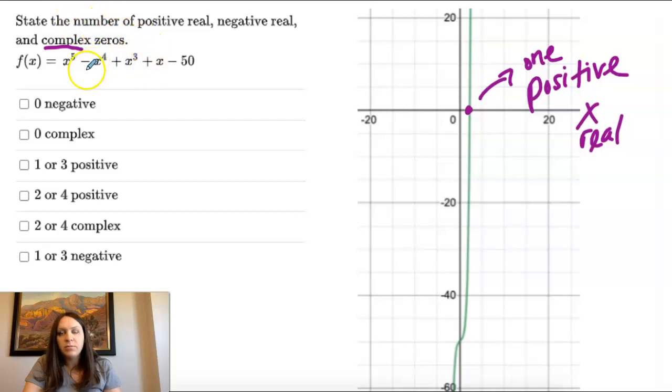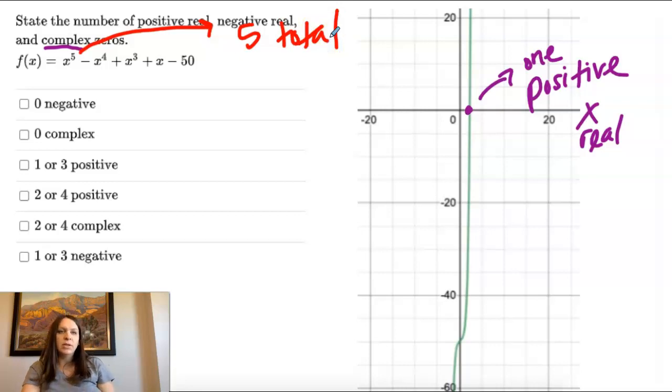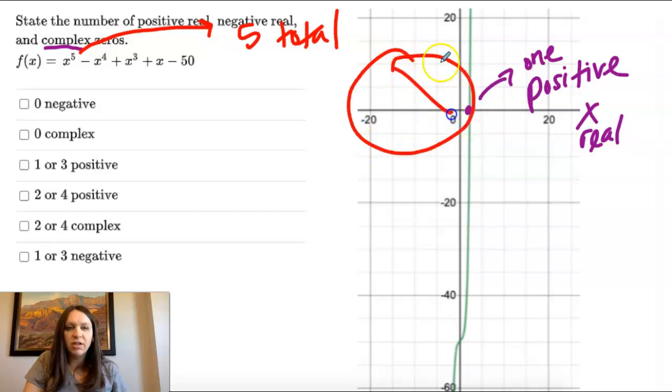So I'm going to go back and just check. I have a 5th degree. That means I have 5. So I have 1 positive. So when I'm looking here, I do have 0 negative, right? So 0 negative, that's correct.